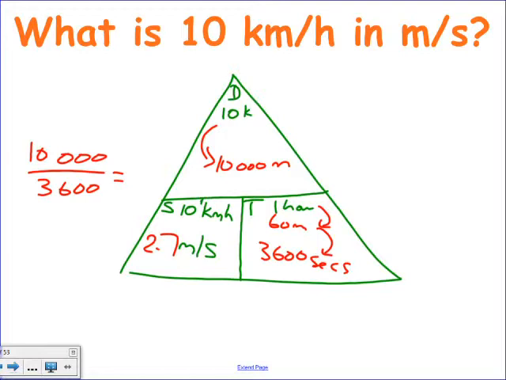I don't want kilometres, I want metres, so I convert my kilometres to metres by multiplying by 1,000. I don't want hours, I want seconds, so I convert my hours into seconds. I then do my calculation, metres per second, by dividing this by this, and it gives me 2.7 metres per second. I think that's genius.